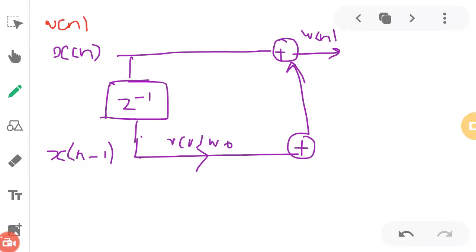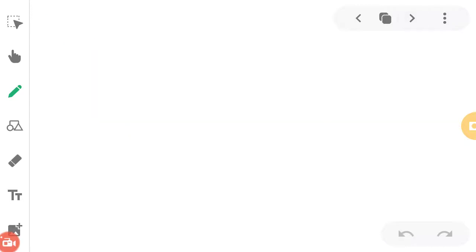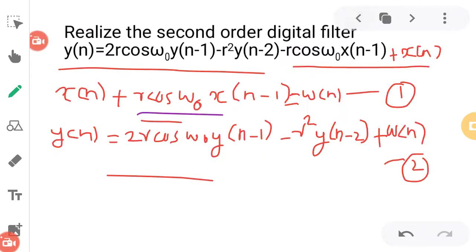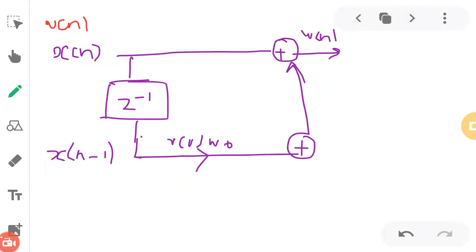Okay, now the next step is we have to draw y of n. How will we draw y of n? We can see y of n minus 1, y of n minus 2, and then w of n.